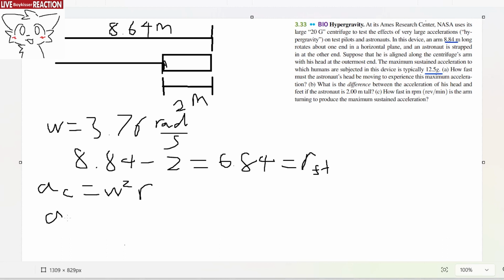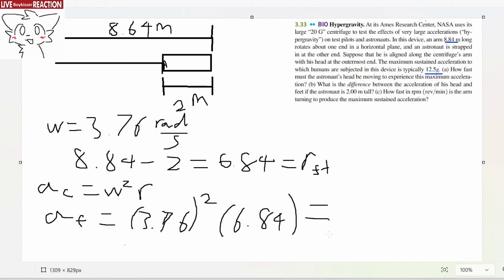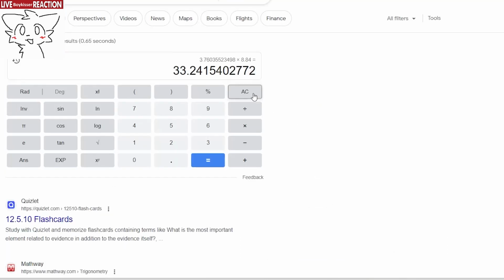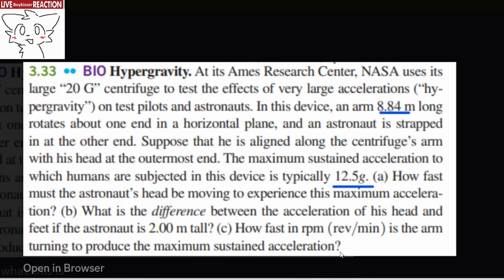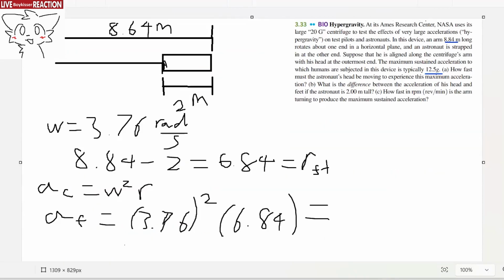So the acceleration of the feet equals 3.76 squared times 6.84, which equals 96.7 meters per second squared.